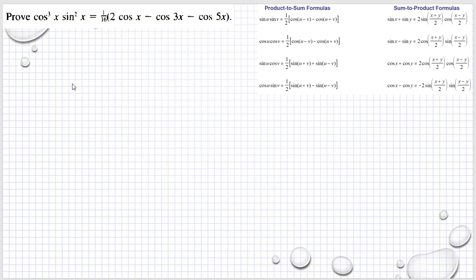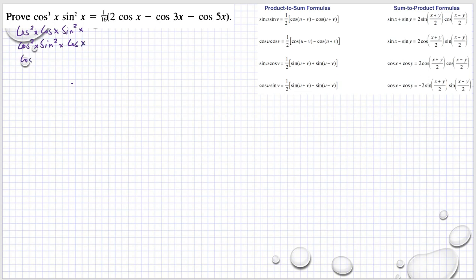First of all, what we can do is expand this. We have cosine squared x, and then we have cosine x sine squared x. And then if we put them together, cosine squared x sine squared x cosine x.